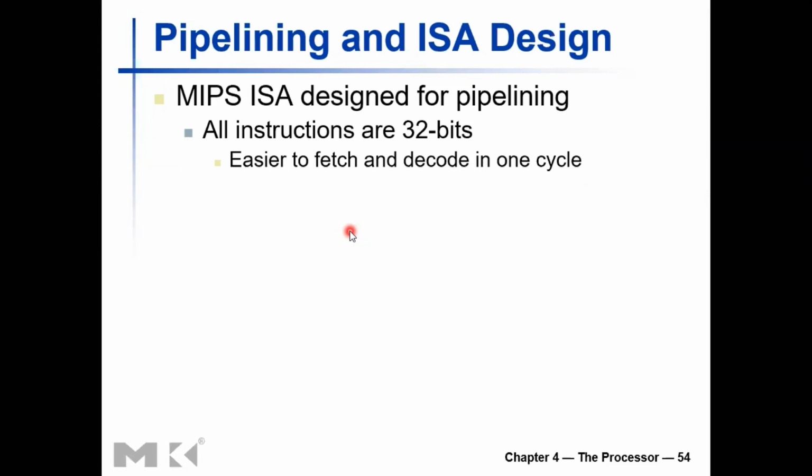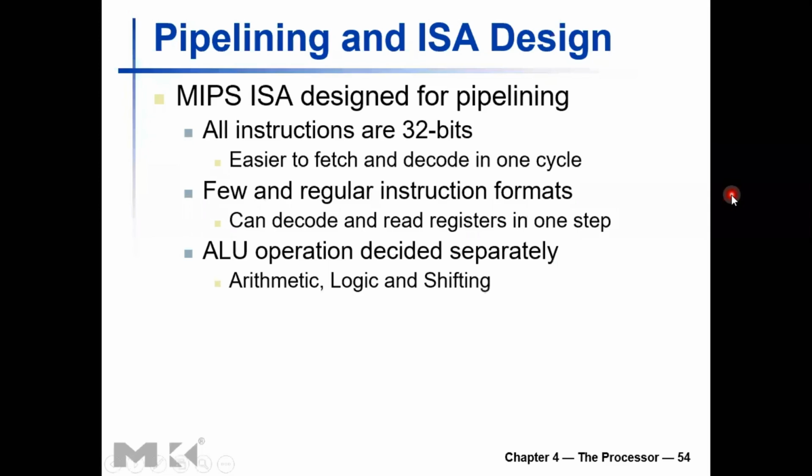So yeah, the fixed instruction size helps the pipelining. Then few and regular instruction formats, right? We only have say 4 different instruction formats. We don't have a lot of instruction formats. That means the size of the opcode is smaller and you can make a decision on it faster, right?